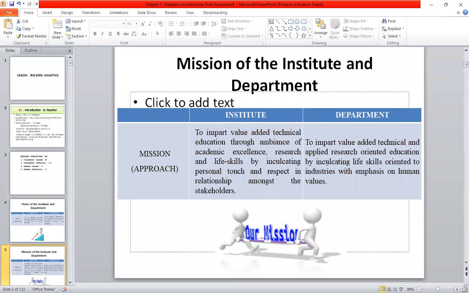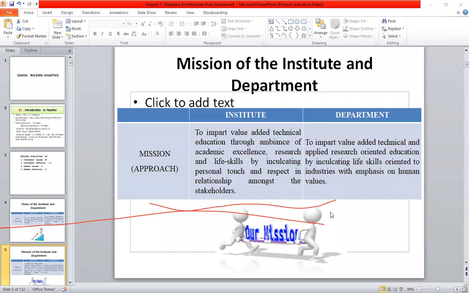Whatever the problems of your society, as engineers we are going to solve them. The skills you get during your academic career will be implemented in your lifelong learning.